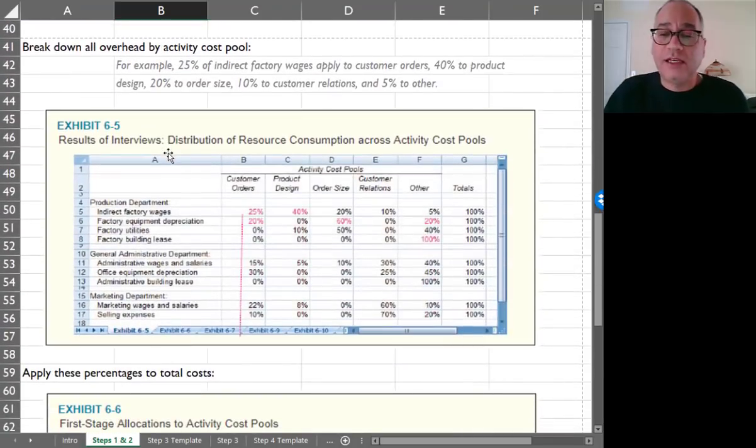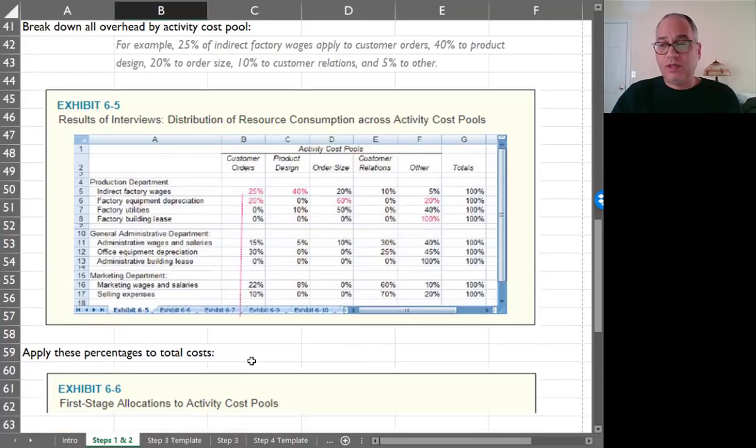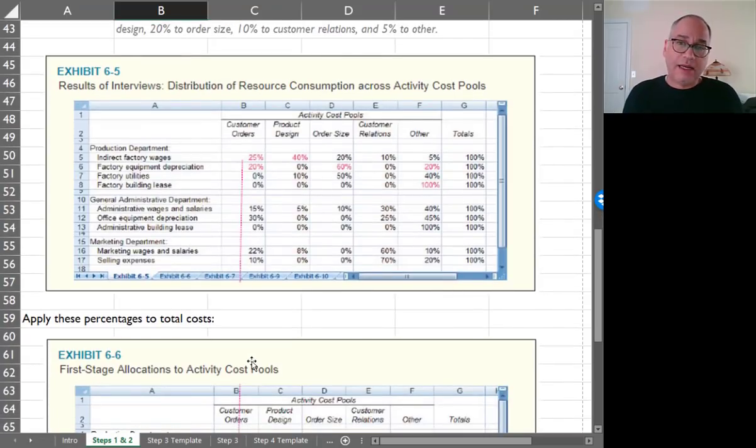So what the company did was go to each department and interview the people who work there, to get a sense of how much time they spend doing different things. For example, in indirect factory wages, 25% is dedicated to customer orders, 40% to product design, 20% to order size, 10% to customer relations, and 5% to other.